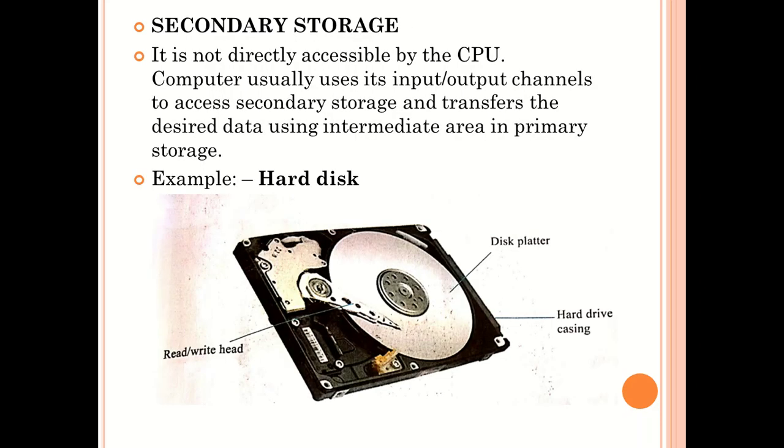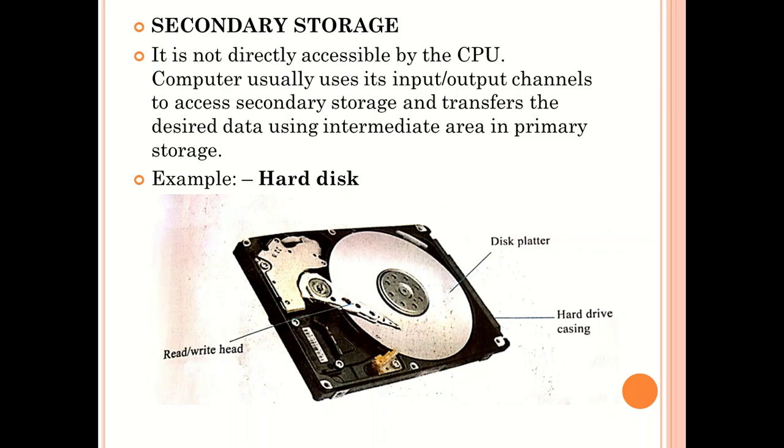The second type of storage device is what we call the secondary storage. Now in this space, it is not directly accessed by the CPU because of the speed. It is quite slow, and therefore the CPU cannot access it directly. The computer uses its input-output channel to access secondary storage and transfer the desired data into an intermediate area in the primary storage.